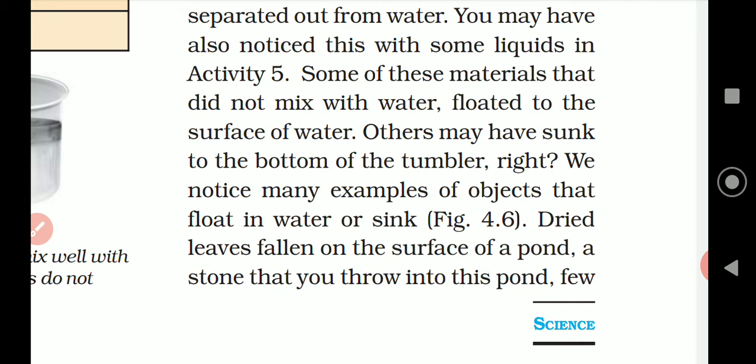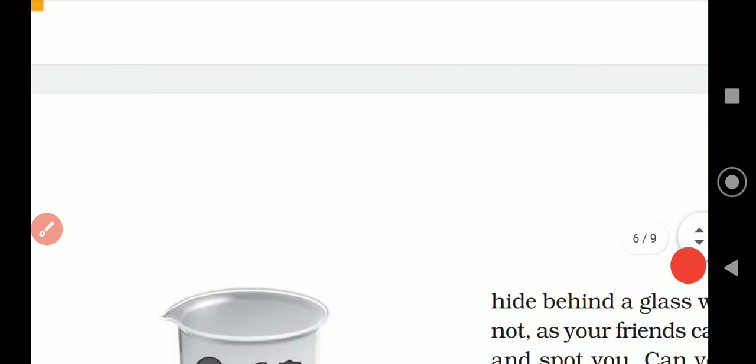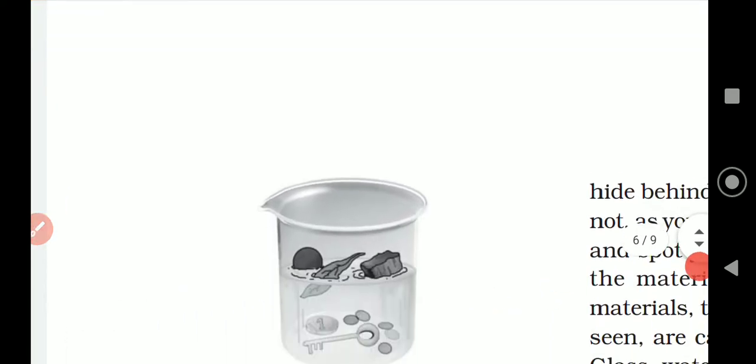We notice many examples of objects that float or sink. Dried leaves fallen on the surface of the pond. Yeah, we see dried leaves that have fallen, they float, right? A stone that you throw in this pond. What happened when you throw the stone in the pond? What happened? Tell me.